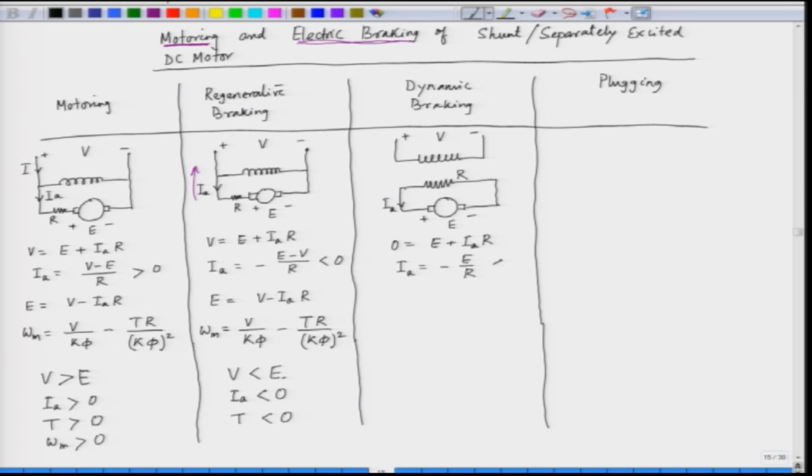So, as before the current is negative here, it means the current is flowing in the opposite direction. So, it is circulating through the resistance and being dissipated as heat in the resistance.